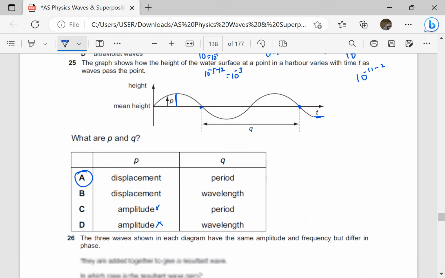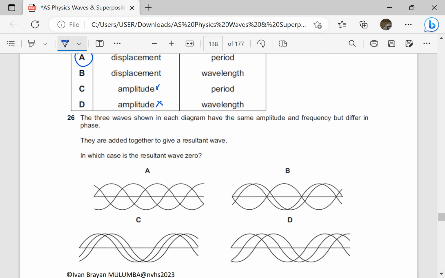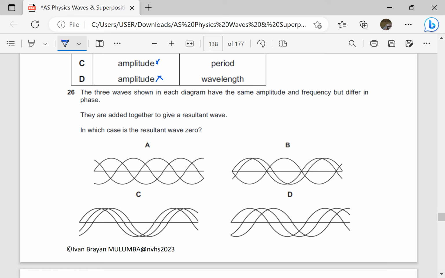So displacement and period. The three waves shown in each diagram have the same amplitude and frequency but differ in phase. They are added together to give a resultant wave. In which case is the resultant wave 0?